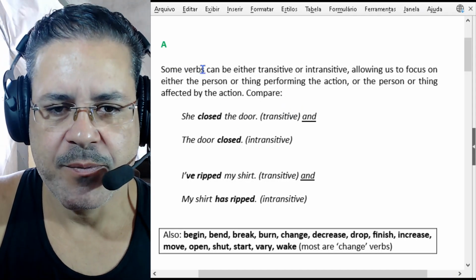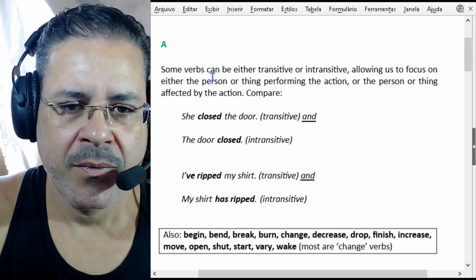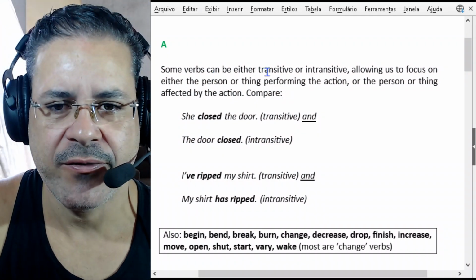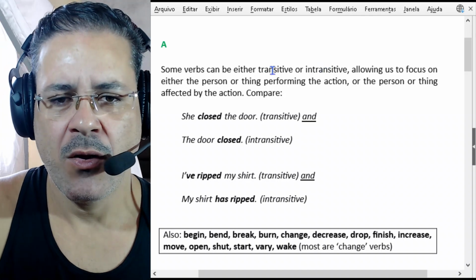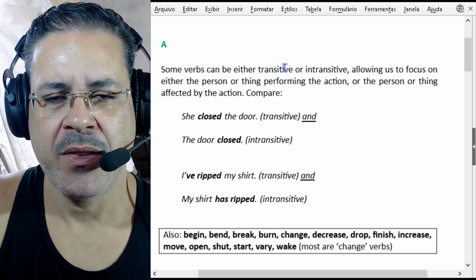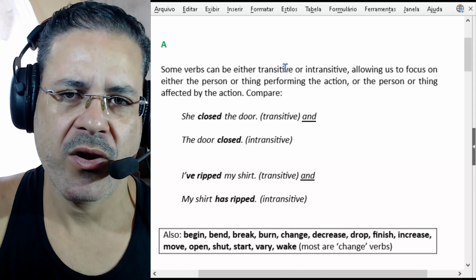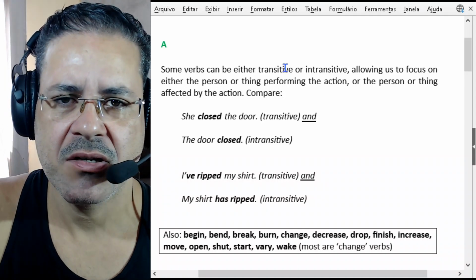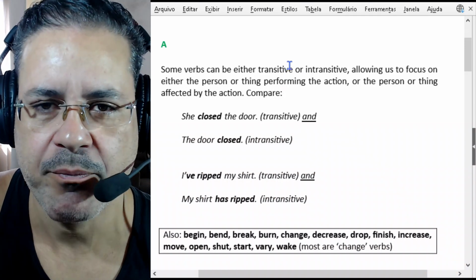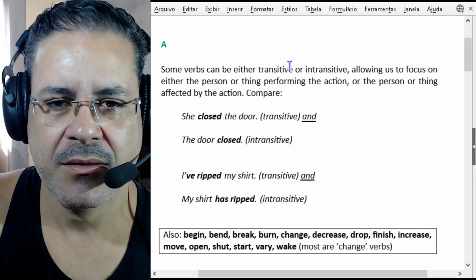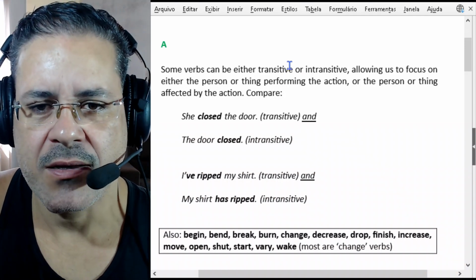Some verbs can be either transitive or intransitive. What's that about? When a verb is transitive, it means that it requires an object. It might be a direct object or an indirect object, but that doesn't come to case now.